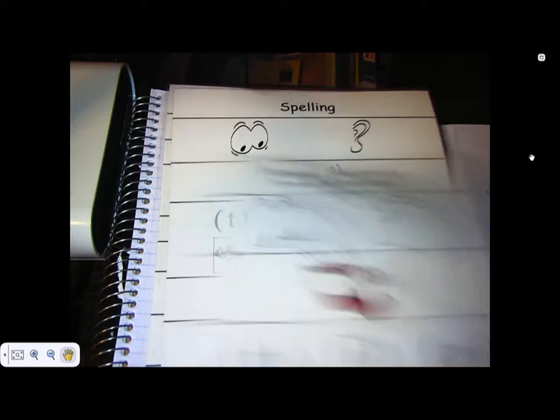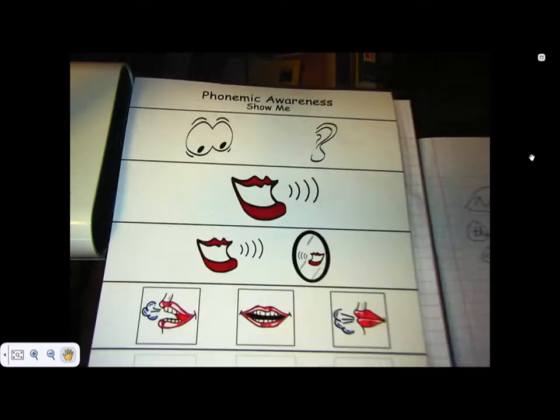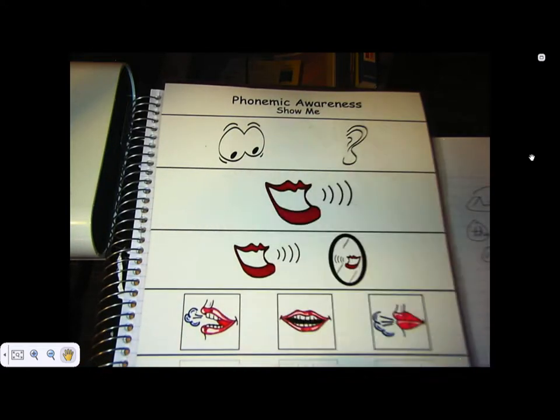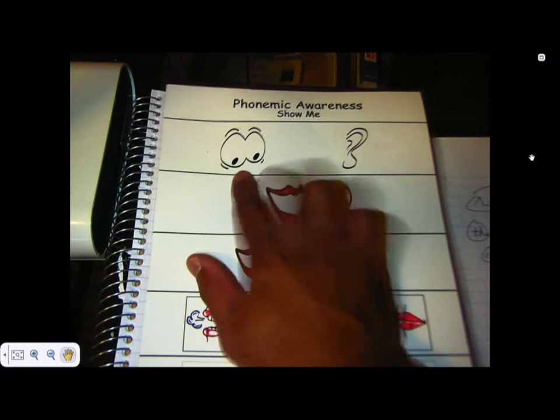Okay. The next thing that we're going to do is get ready to do the phonemic awareness, which means we're going to do the sound cards. I'm going to need you to look, listen.